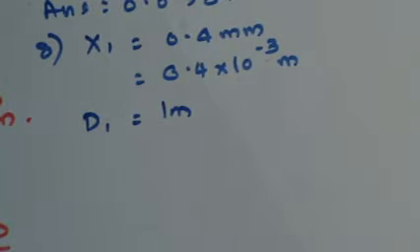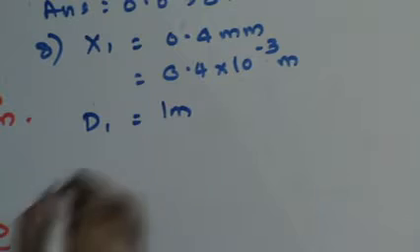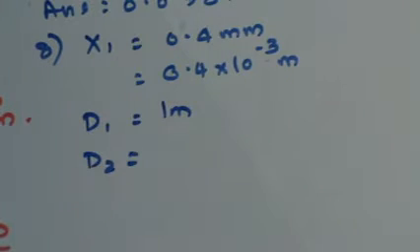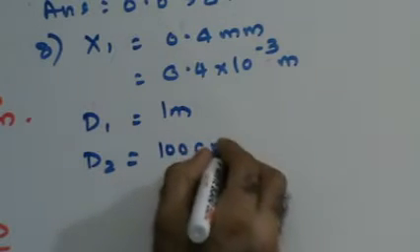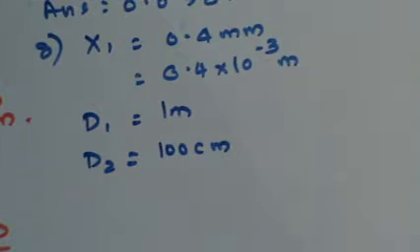Find the change in fringe width if the eyepiece is moved through a distance of 25 centimeters towards the biprism.